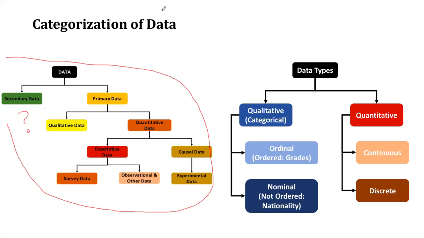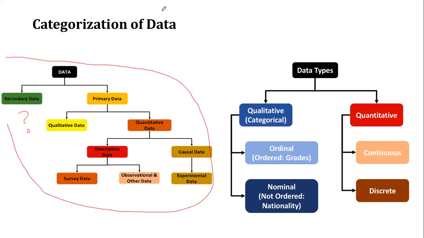If you want to collect the height of all these 47 participants, this is quantitative data, right? You can ask each participant, what is your height? So that's how you collect the data, by giving a question or just simply asking a question.